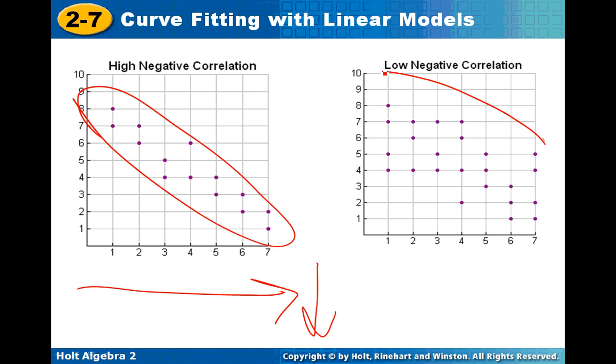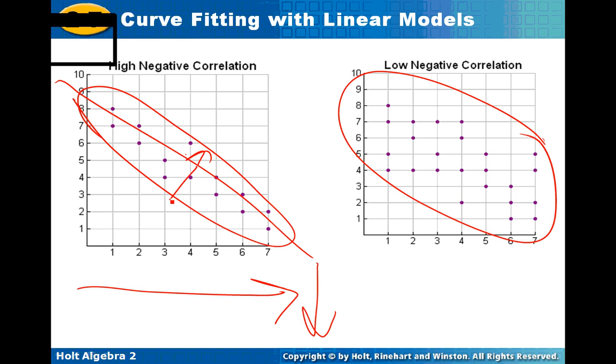I'm going to use my circle analysis again, just in general. Now we can see on the left, if we divide our circle, the points are closer. It's a narrower shape. If we look on the right, and we divide that shape in half, the points are farther apart. It's a wider shape.